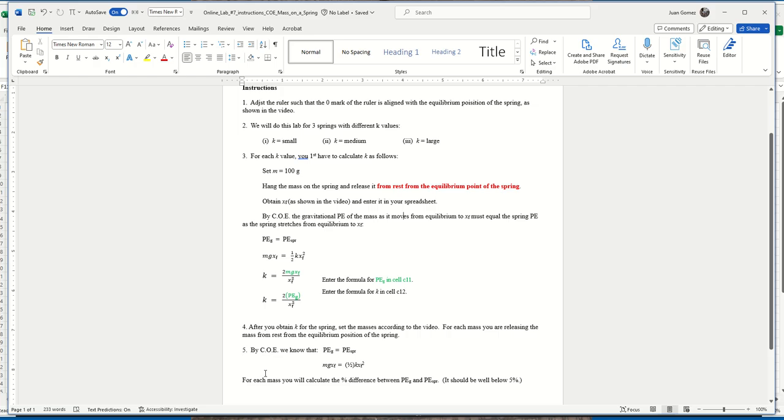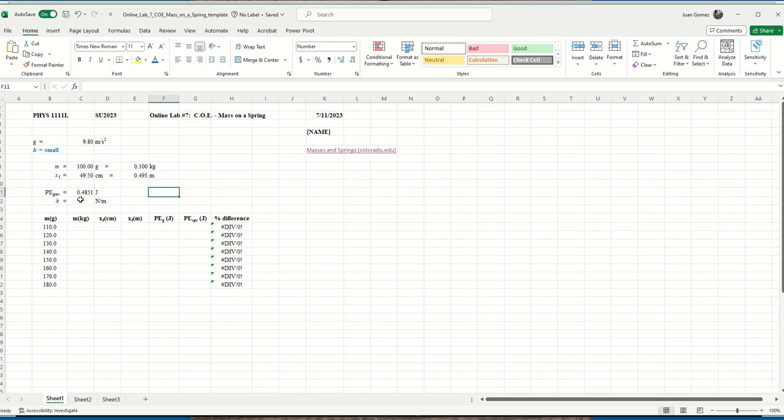Now let's go back. Remember, my K is equal to 2 PE gravitational, all divided by x_f squared. So I have to enter that formula in cell C12. Let me go to cell C12, and I need an equals, and then parentheses. Remember, it's 2 PE grav, all divided by x_f squared. So I'm going to do another parenthesis, then 2 times my PE grav, which is in cell C11, so 2 times C11.